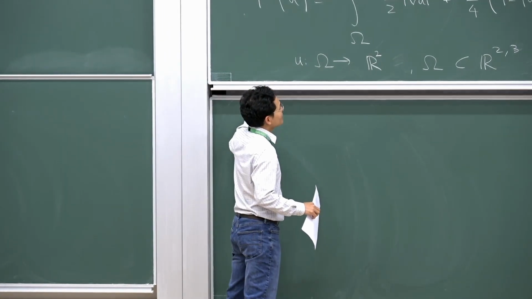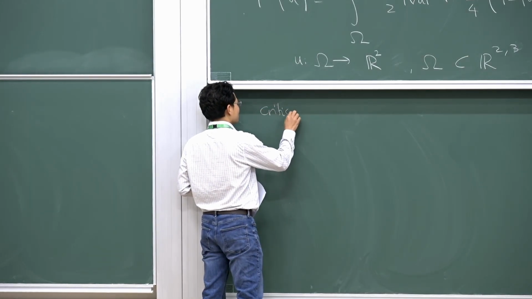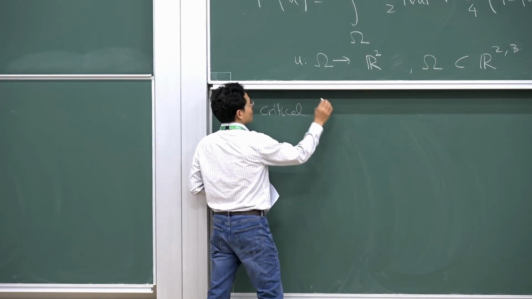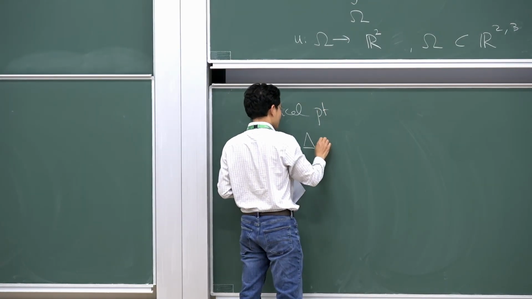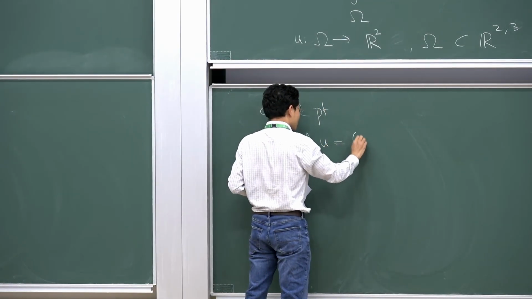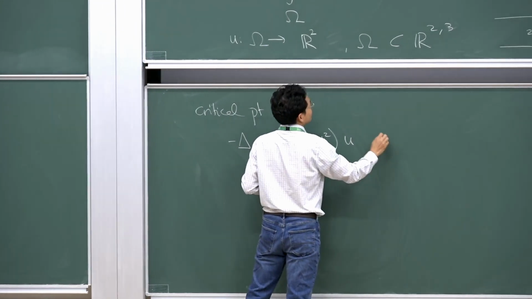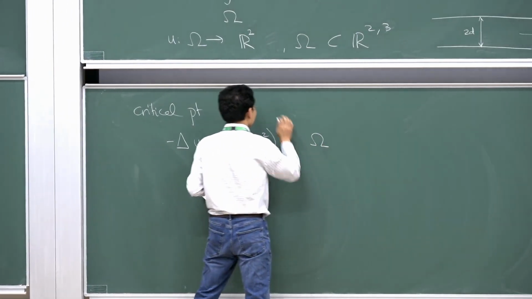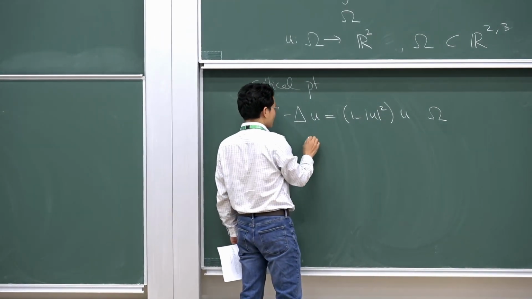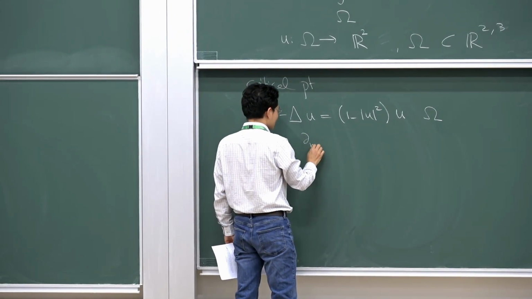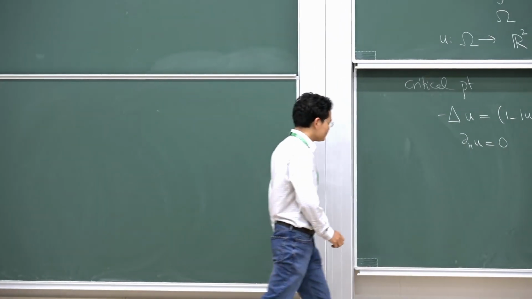What I'm interested in is the critical points of this functional. They satisfy the equation minus Laplacian of u equals 1 minus u squared times u, on that omega. On the lateral side, I will impose Neumann conditions, so the u is free.